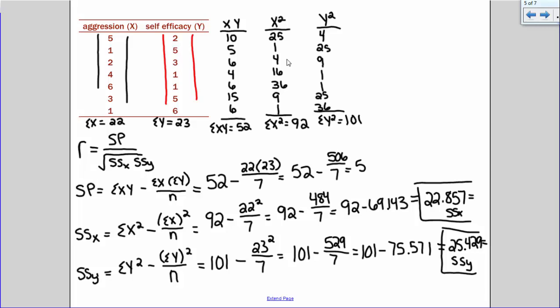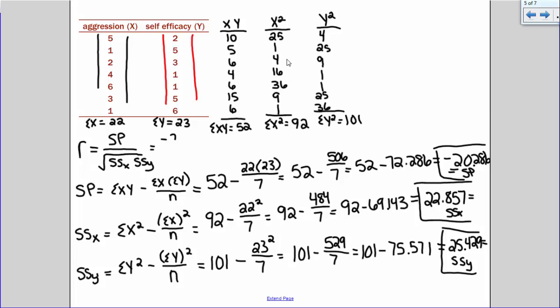And 506 divided by 7 is 72.286. And my sum of products is negative 20.286. So yet again, we have a negative correlation.